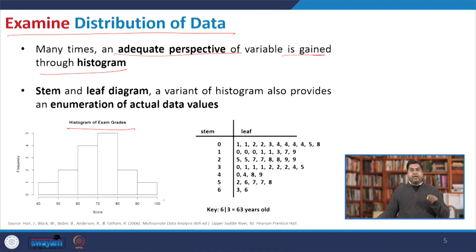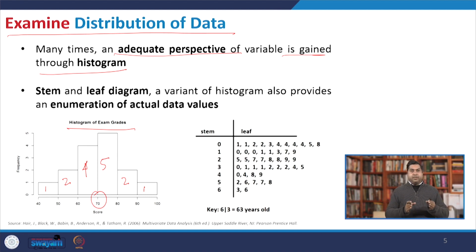So, within that, these are the counts: where 40 to 50 there is only one person, okay, 50 to 60 there are 2, then you have 4, you have 5, then you have 2 and then you have 1. So, in this case also, you can see that the maximum students are in the range of 70 plus.